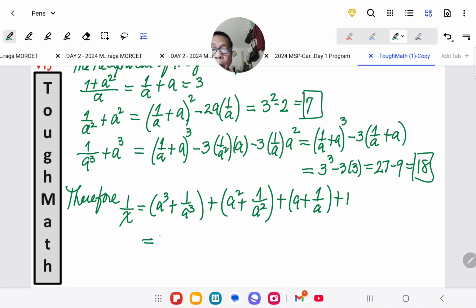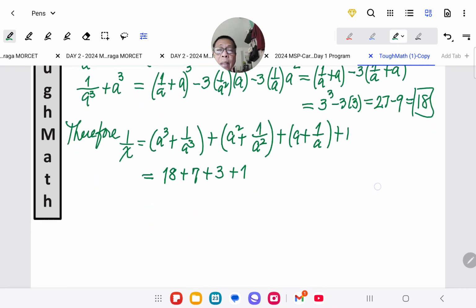So a cube plus 1 over a cube is equal to 18. A squared plus 1 over a squared is equal to 7. And then a plus 1 over a is 3. And then plus 1.